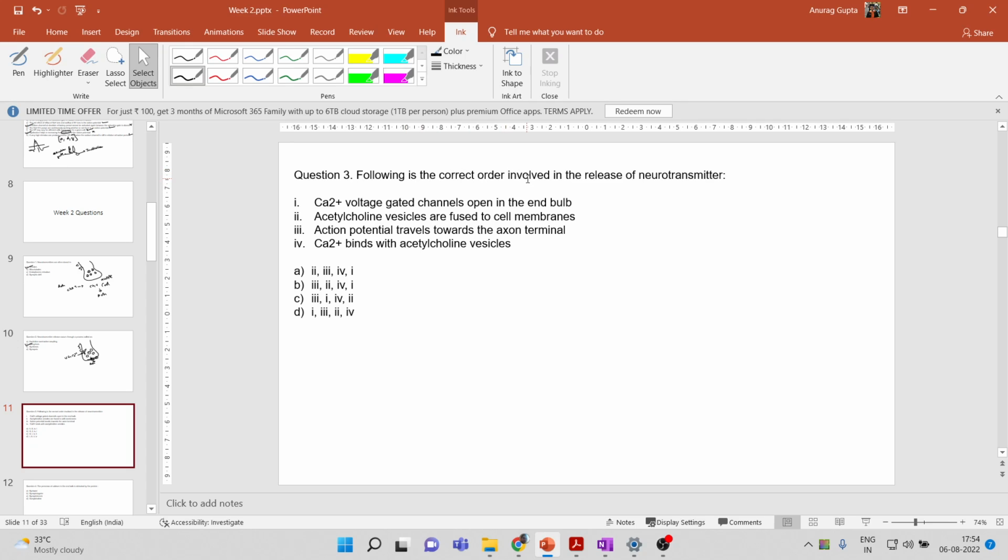Following is the correct order involved in the release of neurotransmitter. So I just gave you a hint about the answer. So again, I'll give you 45 seconds. Kindly type in your answer.